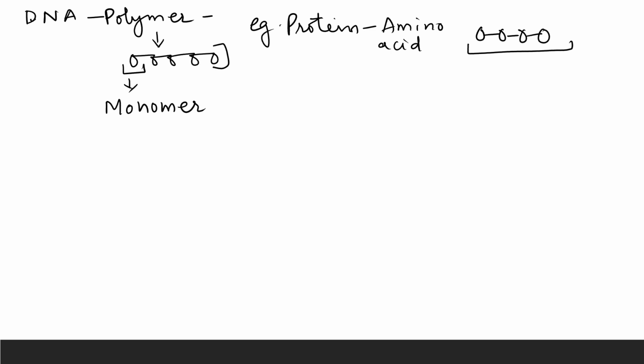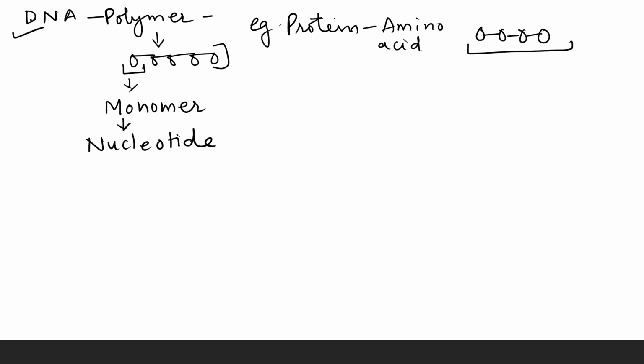So similarly, we are saying that DNA is a polymer, and that means DNA has small unit monomers, and joining these monomers will become a polymer of DNA. Now we need to understand what is the monomer of DNA. And what is a monomer of DNA? That is nucleotide.